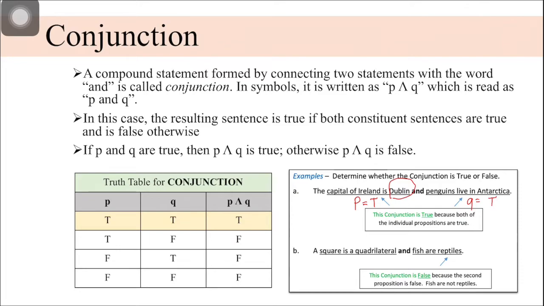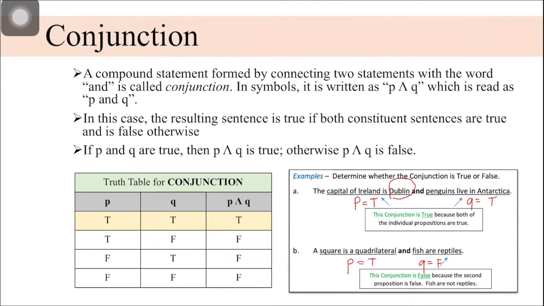Okay, another example. A square is a quadrilateral and fish are reptiles. Your statement P here, a square is a quadrilateral, is true. And fishes are reptiles is your Q statement, which is false because fishes are not reptiles.